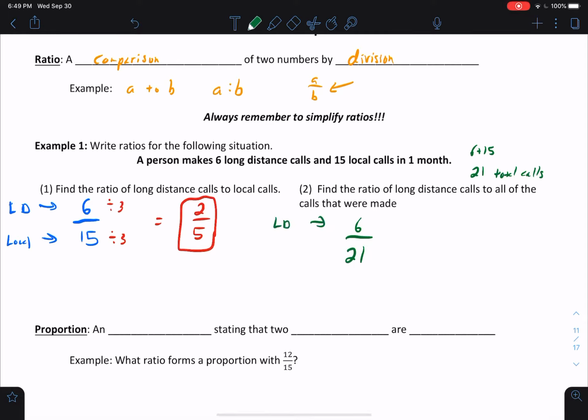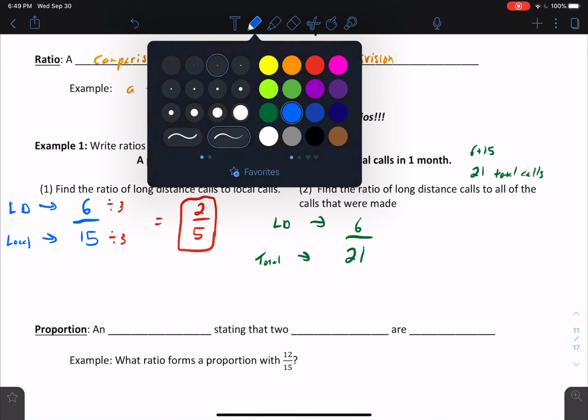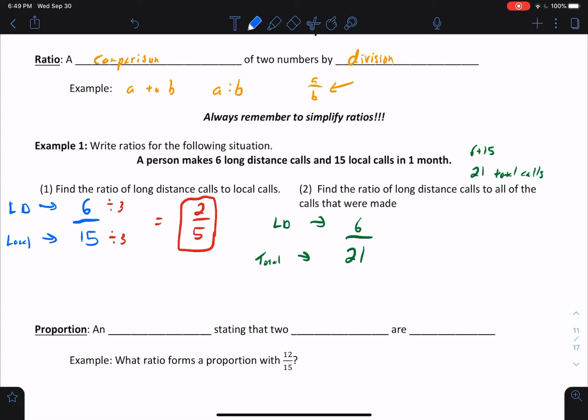So 6 is long distance, 21 is total. Now to simplify this, again, I can divide a 3 out of each of these. That's going to give me 2 over 7. So they made 2 long distance calls for every 7 total calls that they made. Okay? So 2 over 7, that's how it simplifies.